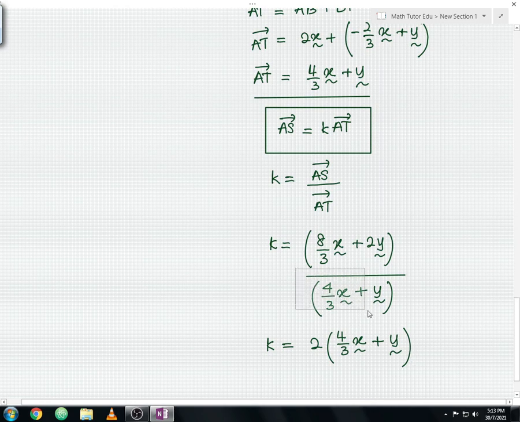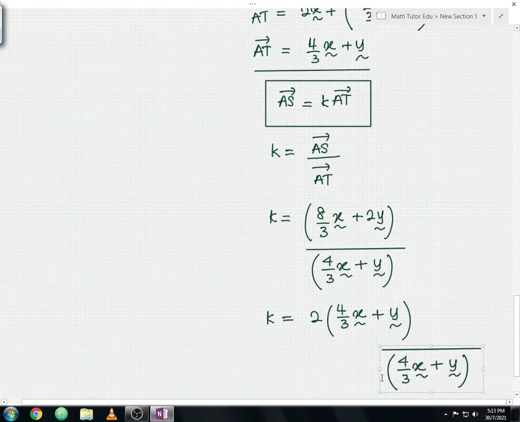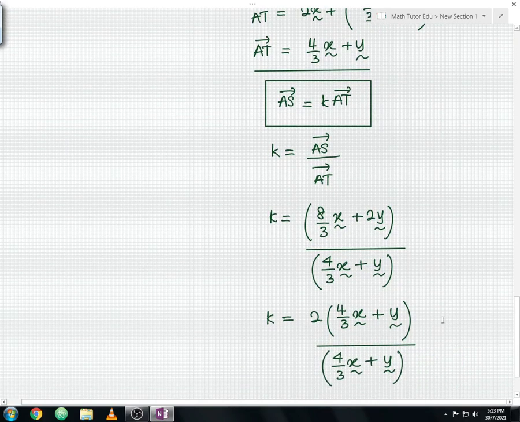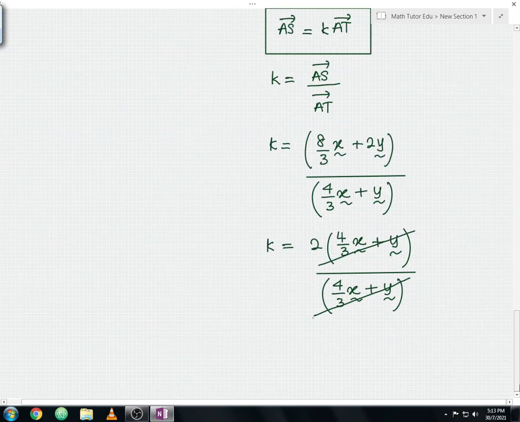The denominator, since there is no change, we're going to copy paste this. So now you can just simplify this, cancel this, cancel this. So from here you should get your K value is equals to 2. Let me underline this.